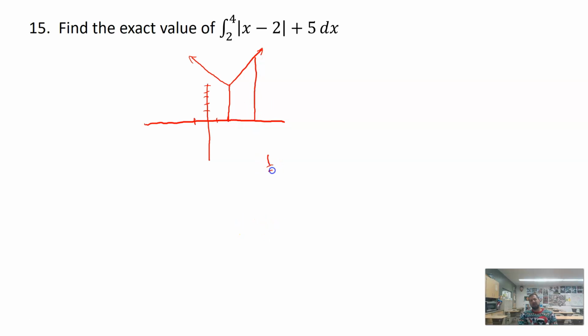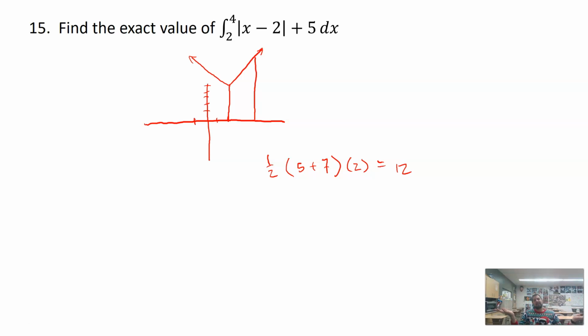So I would just go 1/2 times, when I plug 2 in, I get 5 as my base 1. For my base 2, when I plug 4 in, 4 minus 2 is 2, plus 5 is 7, so there's my second base. And those two are 2 apart. If you want to leave your answer like that, that's fine. If you want to say that the answer is 12, that is also fine.